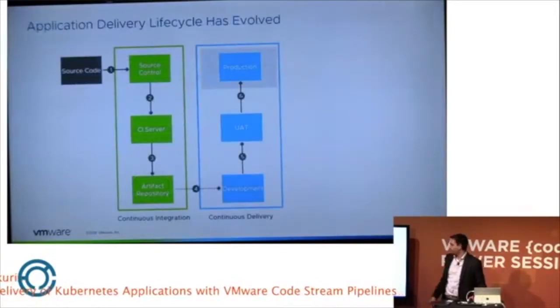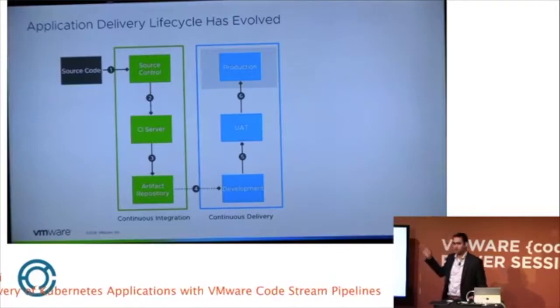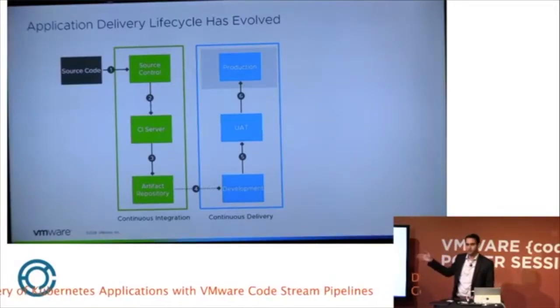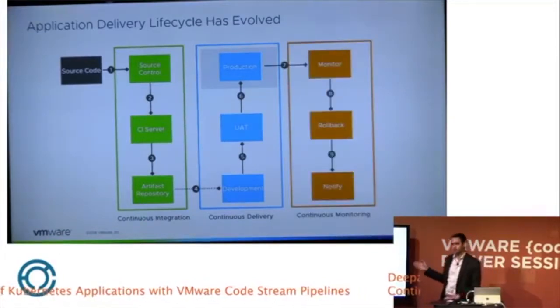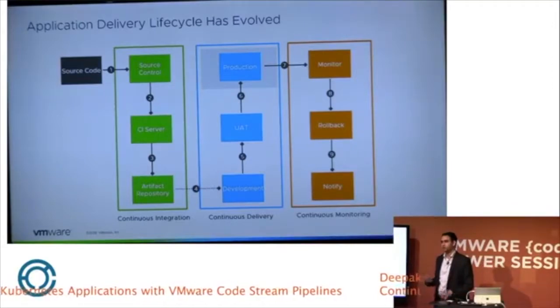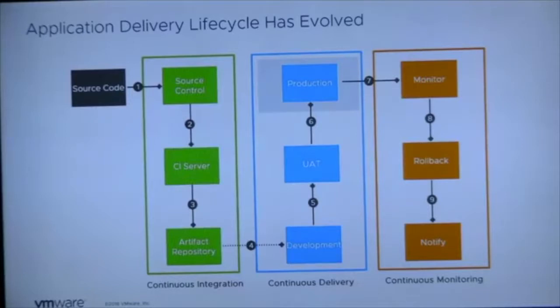The application delivery lifecycle itself has evolved over time. A lot of companies are taking up continuous integration and continuous delivery now, but we think there's a little more to that. There is continuous monitoring as well that's coming up. If you see where the industry is going, it's about monitoring the application. You've just seen Grafana and Prometheus, right?